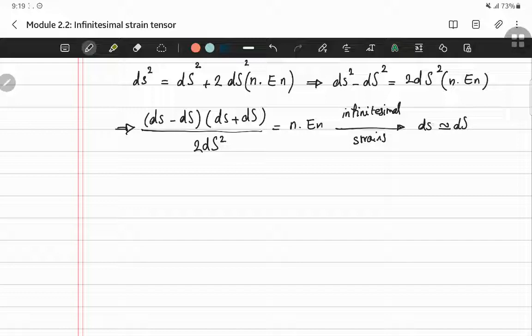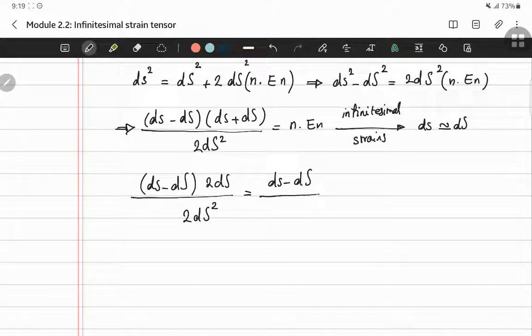So there is basically no difference between the small s and capital S. So I can write this as ds minus dS divided by 2dS squared, and I can get rid of this. So I have (ds minus dS capital) divided by dS capital, which is equal to n dot En.